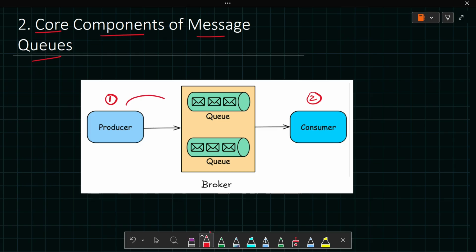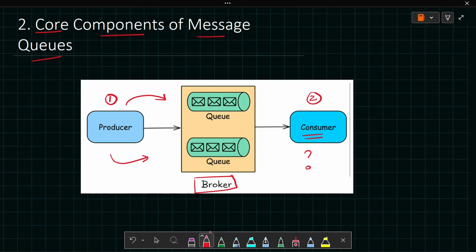Here the producer is sending a message to the message queue, and the producer pushes the message into the queue without worrying about the consumer state. The producer doesn't know about the consumer. It is just giving its message to the broker, which we call the middle person. It is giving its message to the message queue. It doesn't know about the consumer anyhow.